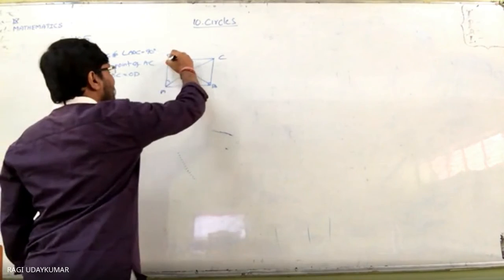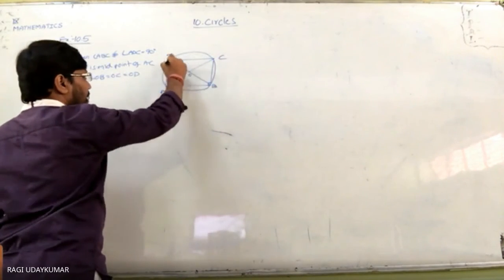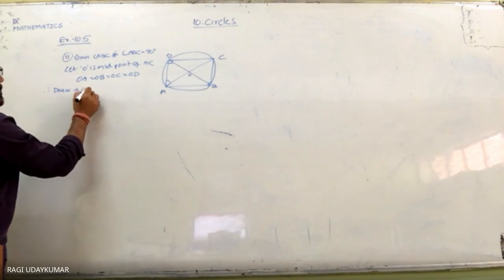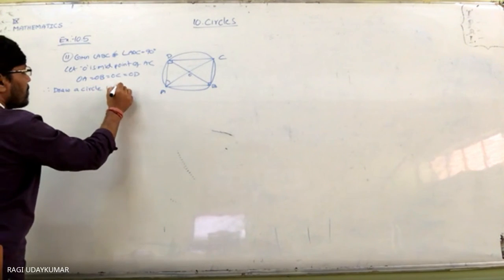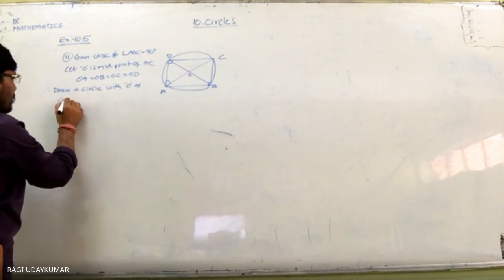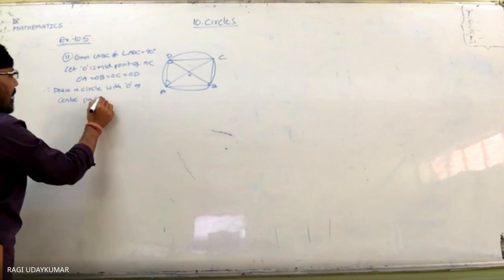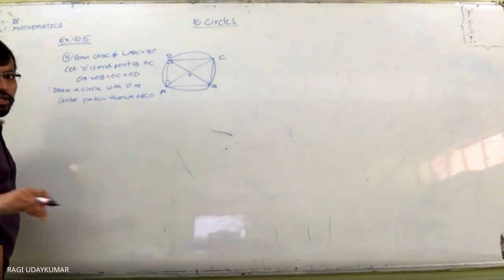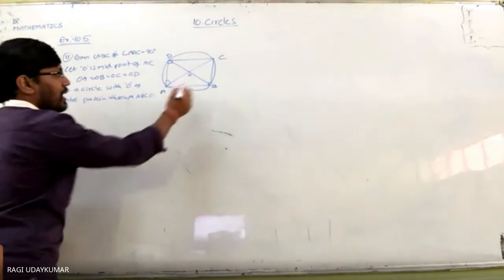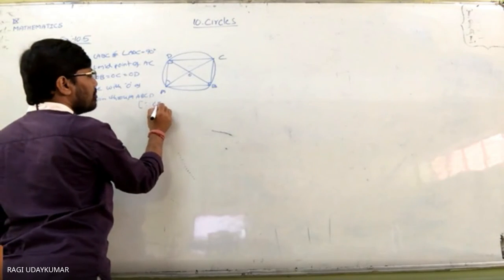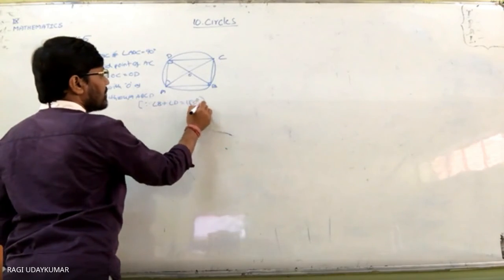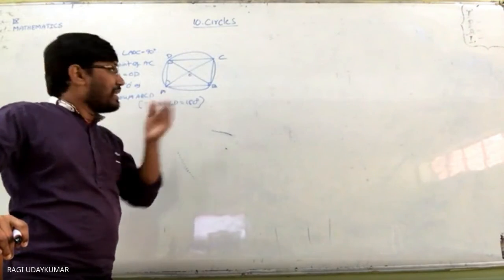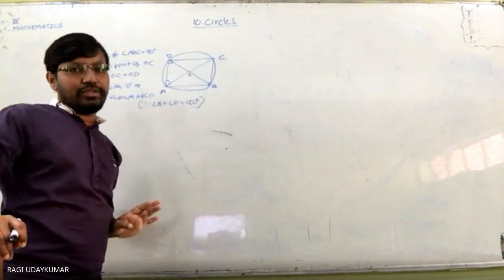Therefore, you can draw a circle with O as center passing through A, B, C, D. Can we draw it? Why? Because it is a cyclic quadrilateral. The reason is angle B plus angle D is equal to 180 degrees. The opposite angles of a cyclic quadrilateral sum to 180 degrees, and it is given as 90 degrees each. So you can draw a circle passing through these.